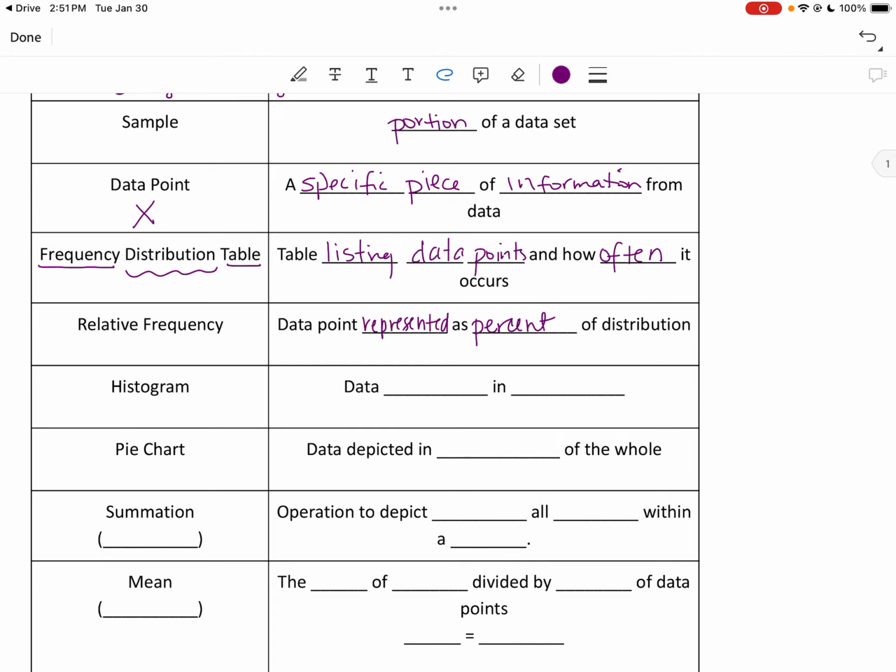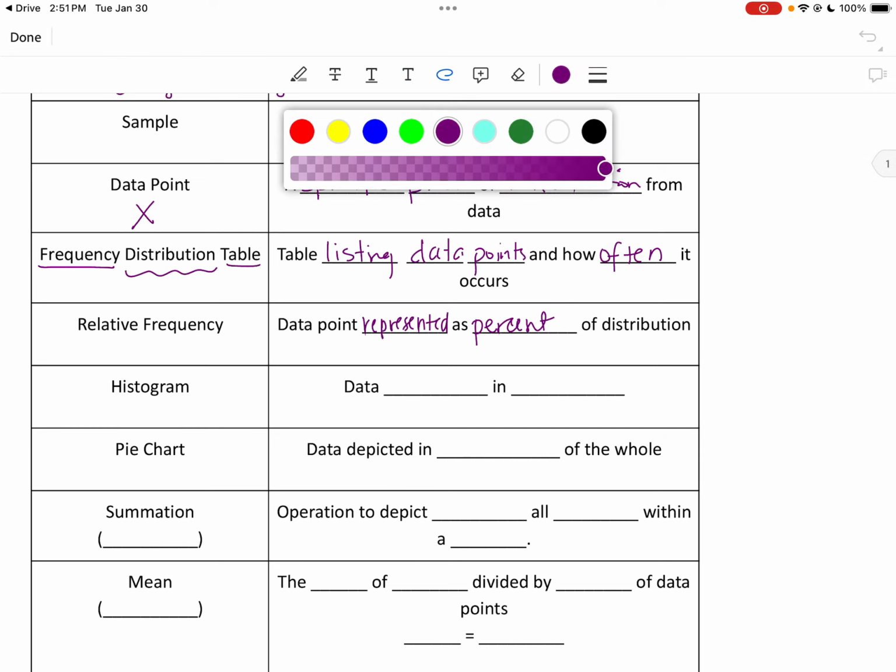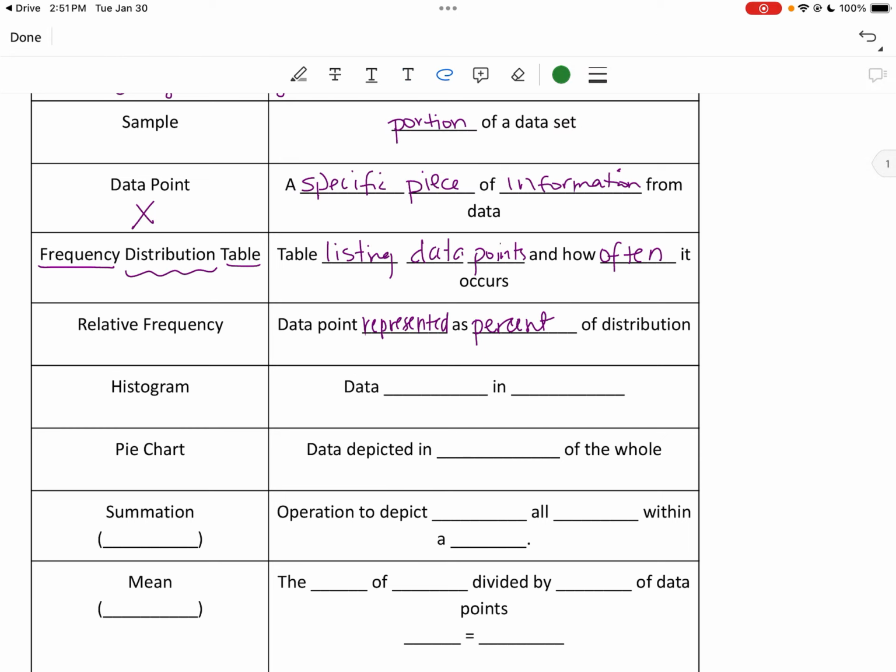Okay. Then the next two that we've got are histograms and pie charts. These are both going to be different ways that we represent our data. We have so far looked at dot plots and histograms. Most data is given in kind of a histogram style because of frequency distribution tables.